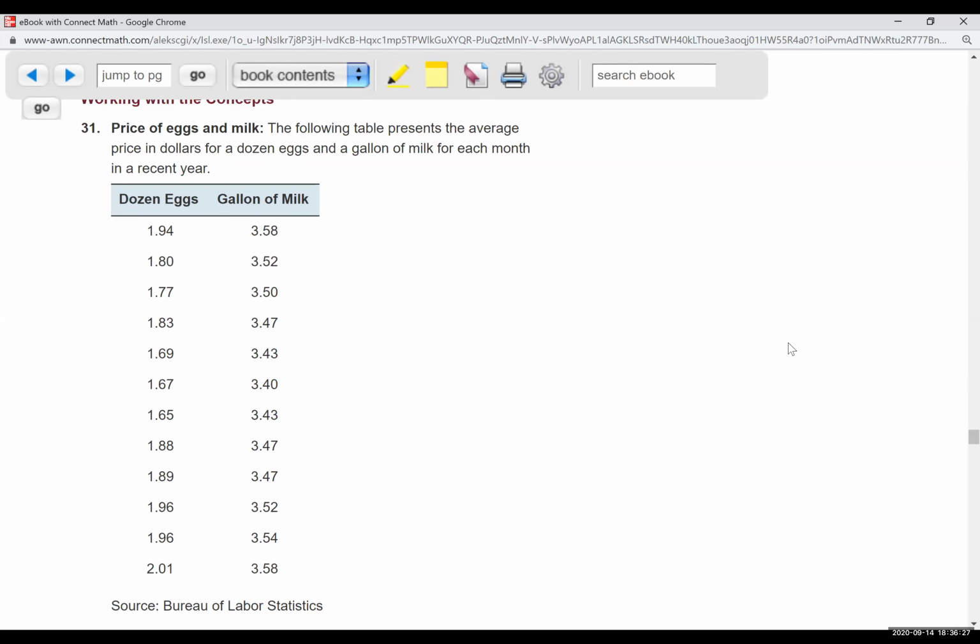The following table presents the average price in dollars for a dozen eggs and a gallon of milk for each month in a recent year. So try this. This should be your L1 and your L2. So enter those numbers.